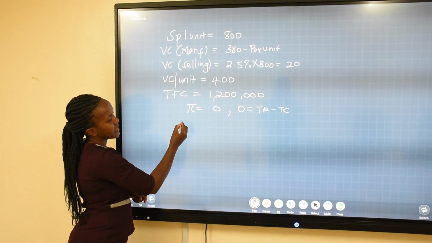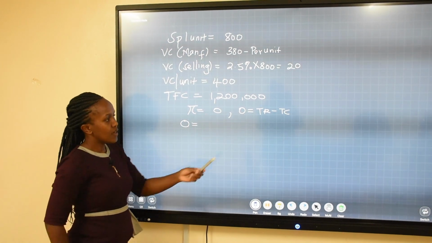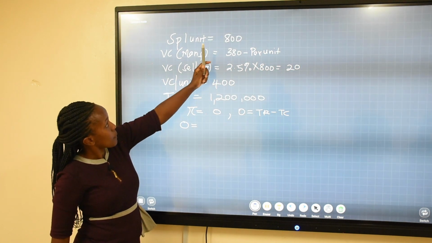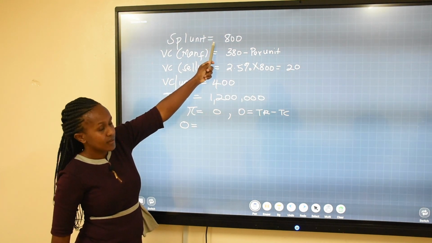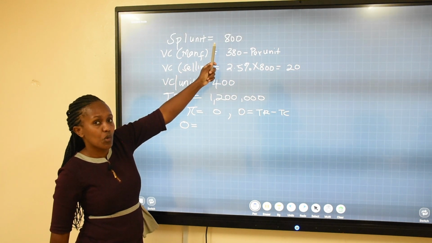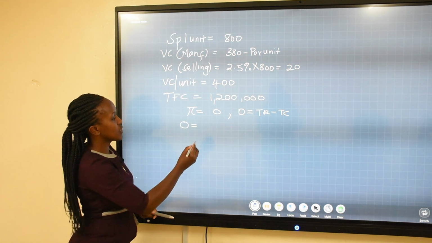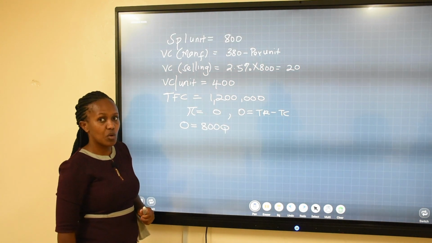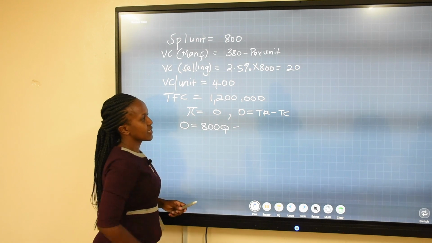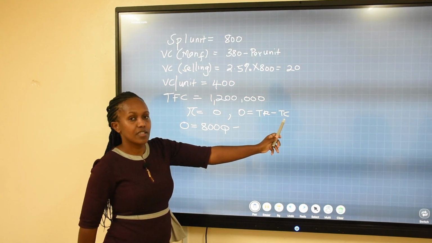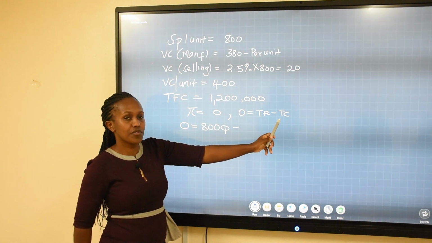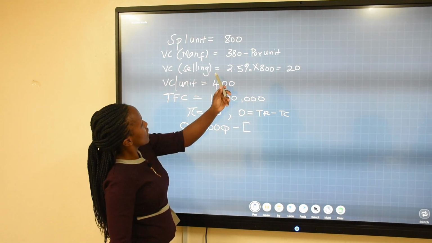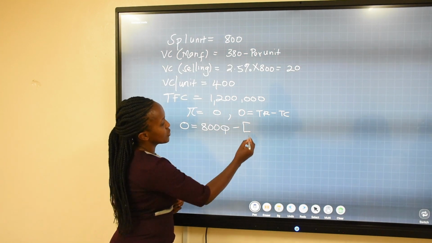So you are going to further say that 0 is equal to total revenue, which is a multiplication of selling price and the quantity. And we do not know the quantity. That is what we are looking for. So it is simply 800Q, Q representing quantity, minus total cost. Total cost, we have said, is the sum of fixed cost and variable cost. Fixed cost we have here is 1.2 million.